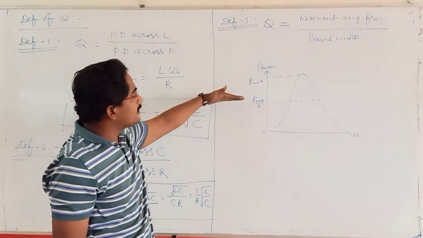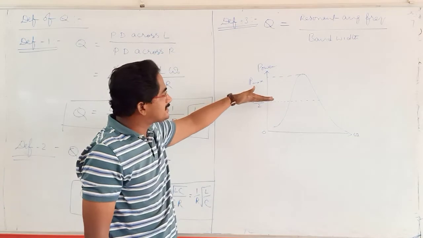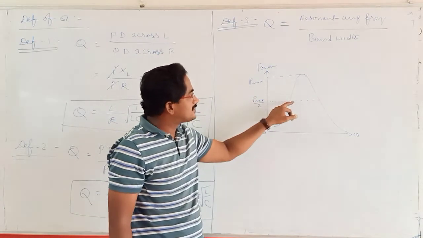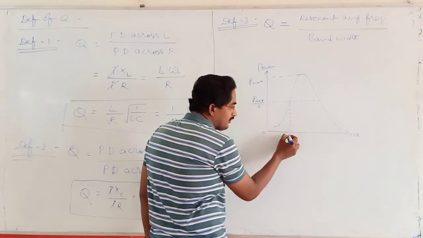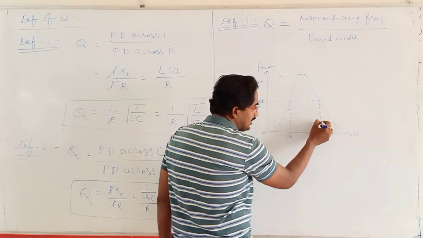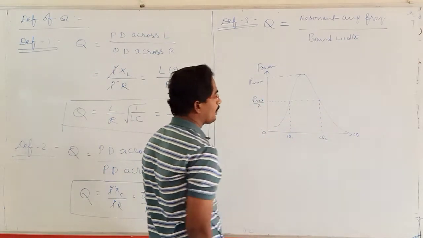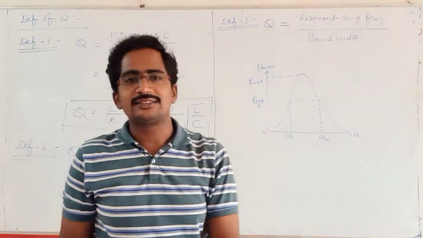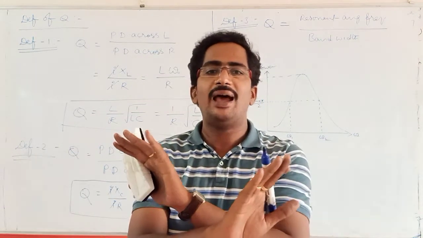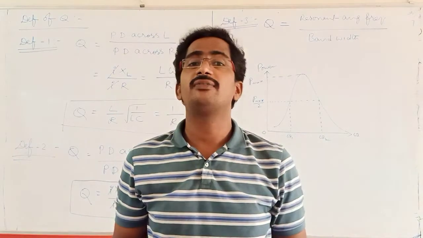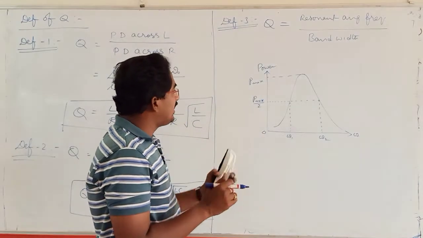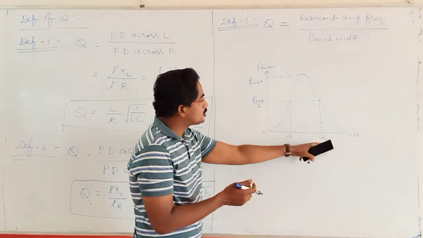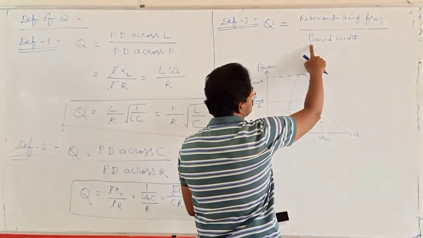See, at half of the maximum power, if you draw a straight line, it intersects the curve at 2 points. At these angular frequencies, the power consumed in the circuit will be equal to half of the maximum power. The difference of these two is called bandwidth.